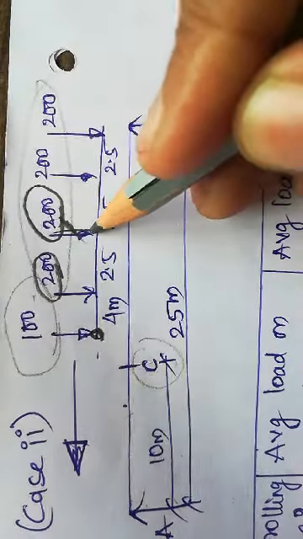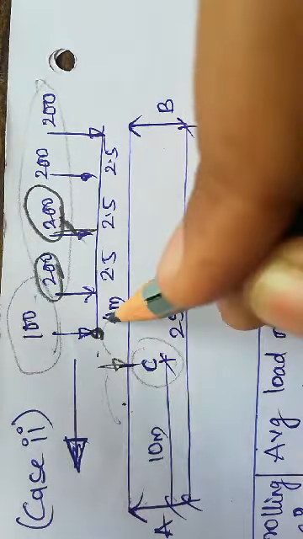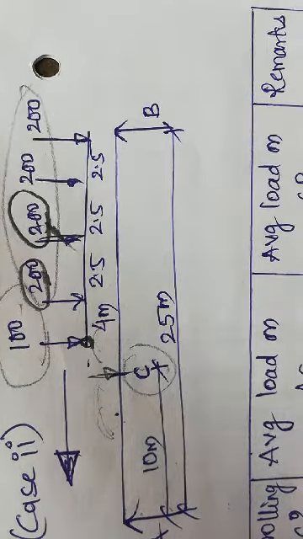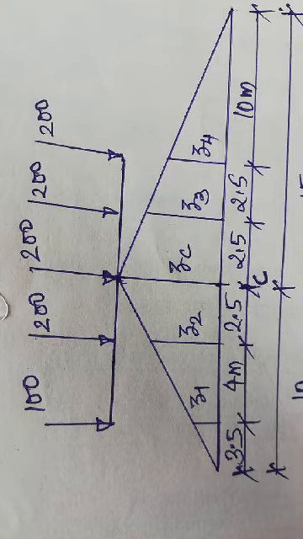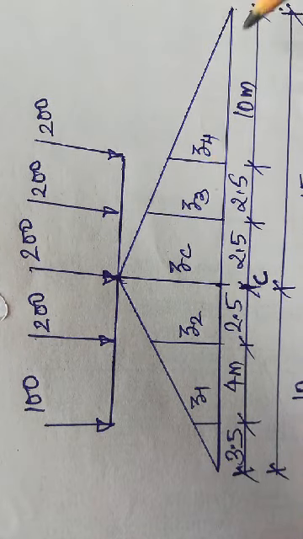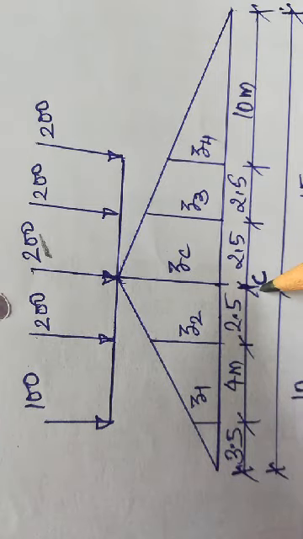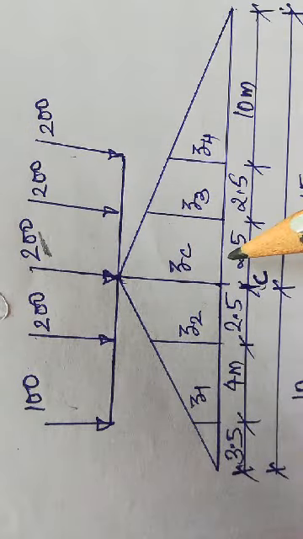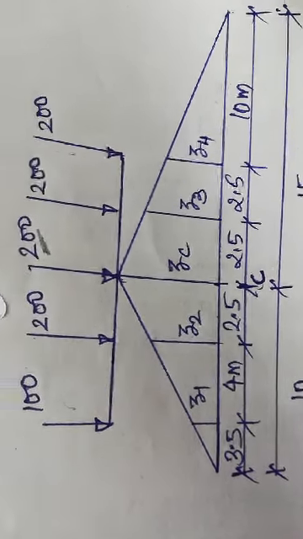Now placing this 200 kilonewton on point C and rearranging the other loads on the left hand side and the right hand side, and drawing the influence line diagram. The influence line diagram can be written like this, where the second 200 kilonewton load is placed on C and the other loads are rearranged with their respective distances. So you will be getting this as your influence line diagram.